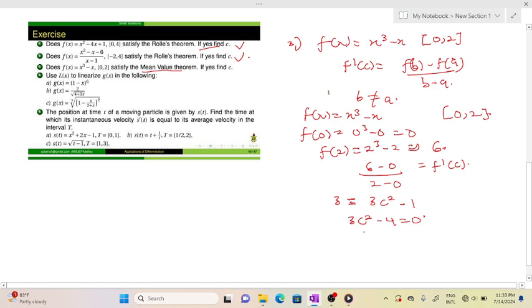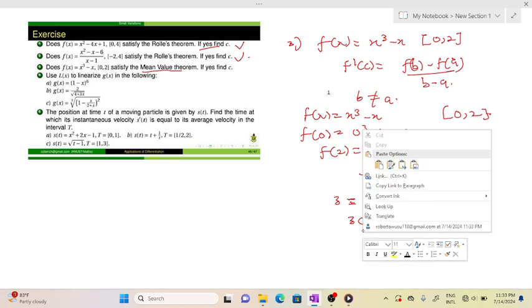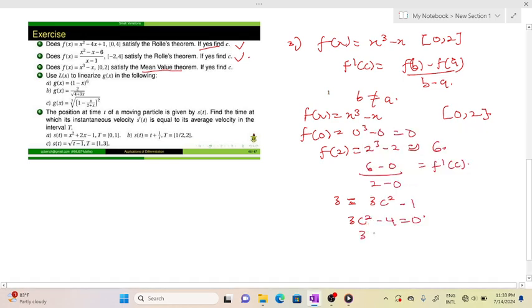Or you can say that 3c squared will be equal to 4. Therefore, c will be equal to plus or minus square root of 4 over 3. So now let's see.